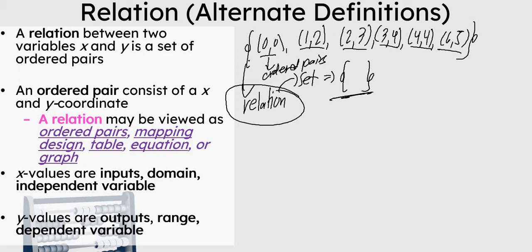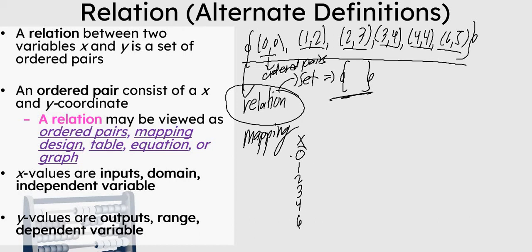We can also express this relation as a mapping. And this is how we do a mapping. Let us put all our x coordinates on one side. So that's 0, 1, 2, 3, 4, 6. And we can encircle them because usually we do encircle them. Then we put our y coordinates on the other side. So that's 0, 2, 3, 4, 5.